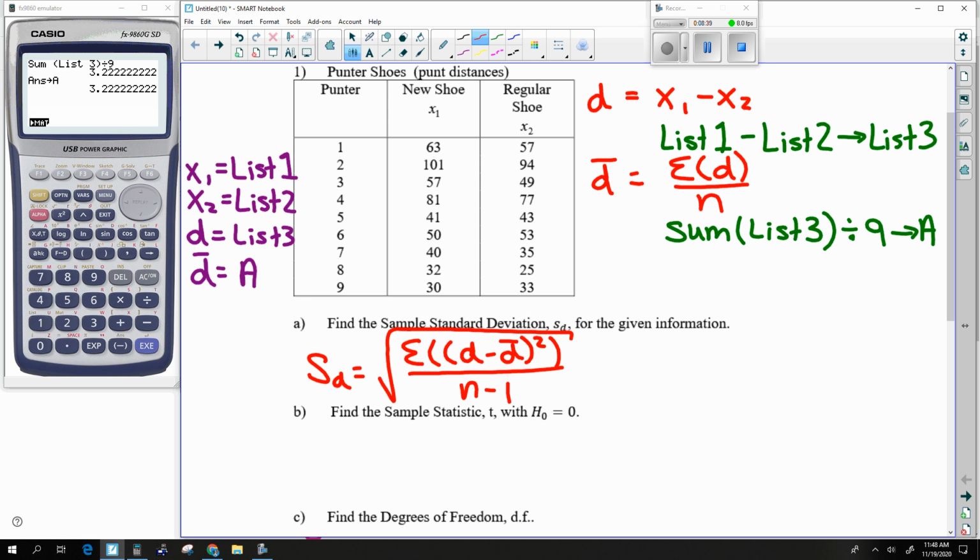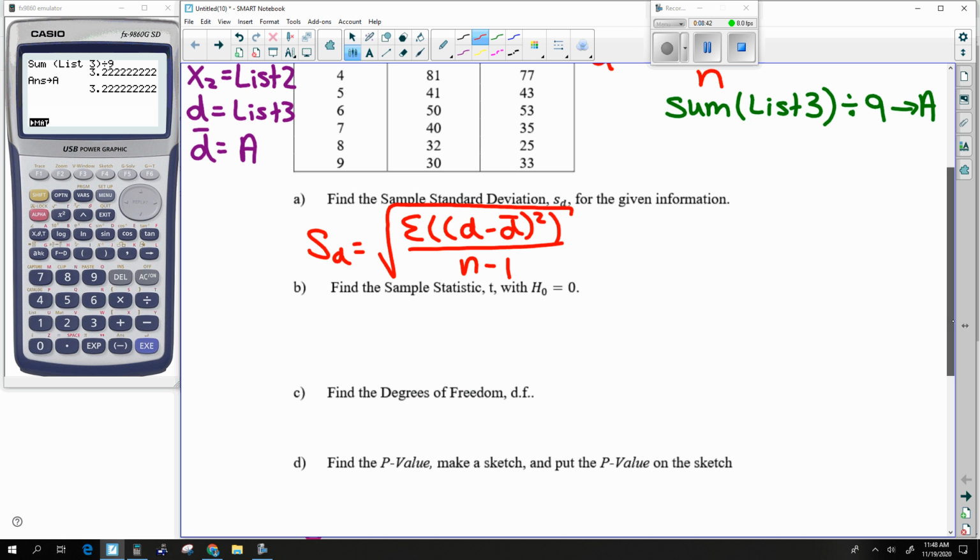Okay, how to get this on a calculator. What I'm going to first do is worry about the numerator of this fraction. But again, I just pretty much turn it from math type into calculator type.